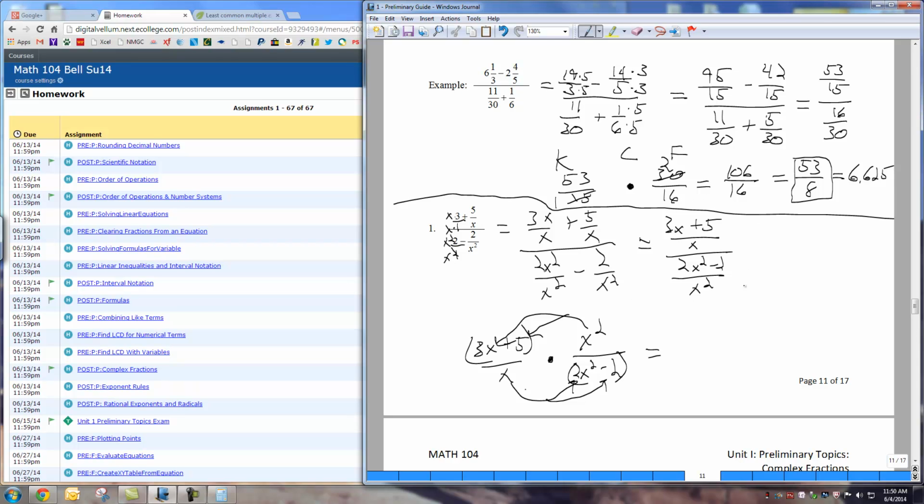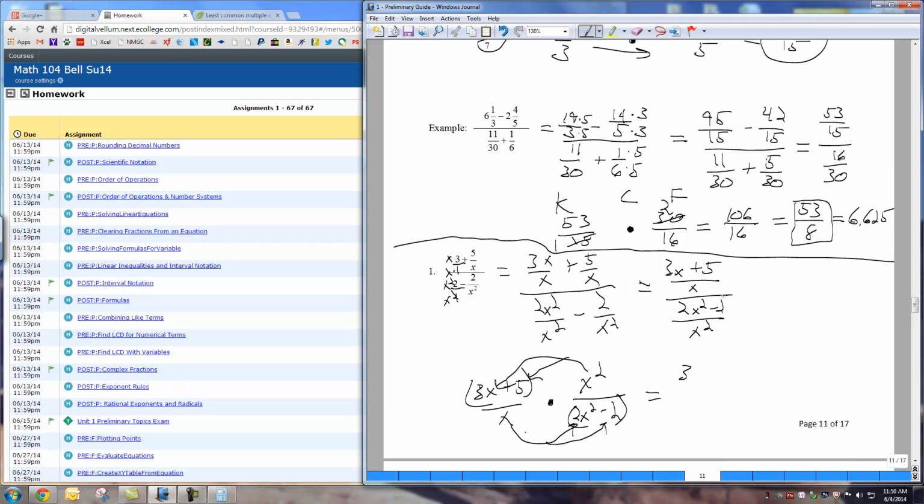So I have 3x times x squared is 3x cubed plus 5x squared divided by x times 2x squared is 2x cubed minus 2x.